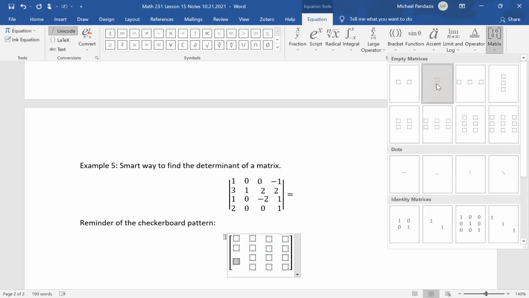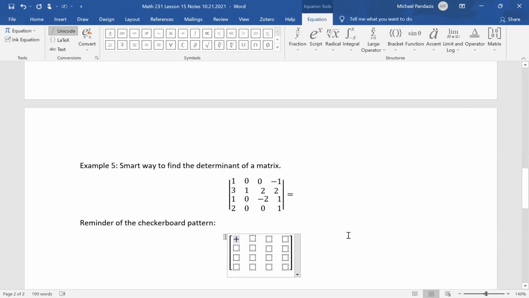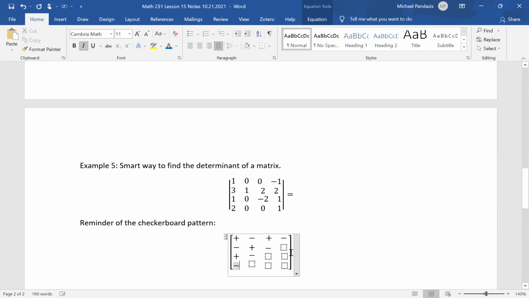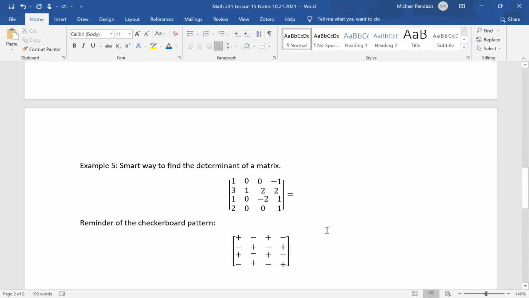You always start with a plus on the top left, and then as you go up, down, left, or right, the sign just changes. So now this is a minus, and this is a minus. This is a plus, and this is a plus. These are minuses. These are pluses. Diagonally doesn't change the sign. Moving up, down, left, or right changes the sign. So you have this checkerboard pattern of pluses and minuses.